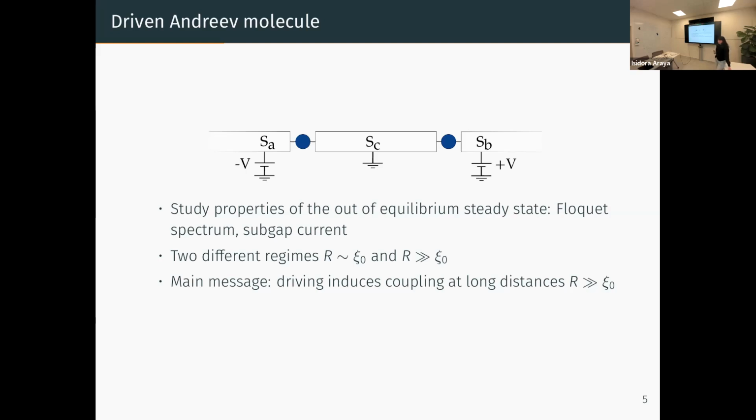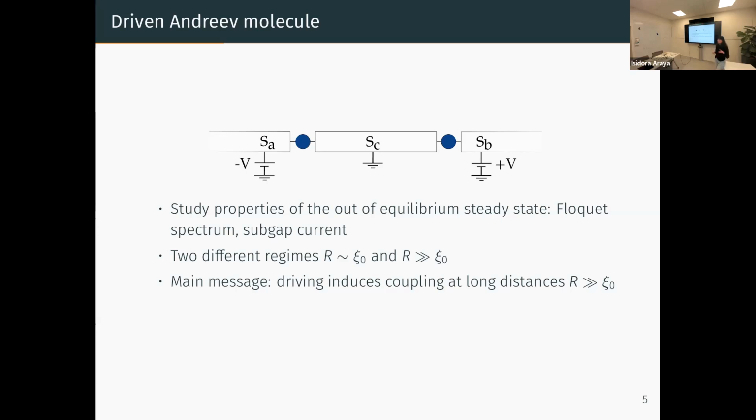And I want to see what happens to the spectrum, what happens to the DC current, which we know for one junction, but has not been studied for the molecule. And the main message is that I find there are two different regimes.